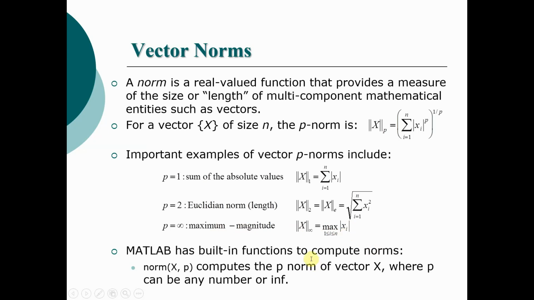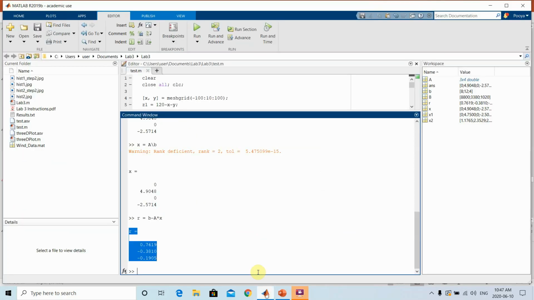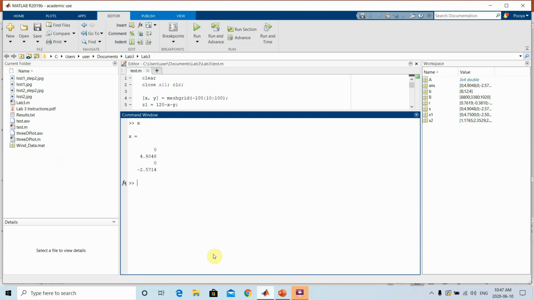Let me go to MATLAB and show you this. Let's look at a random vector like this one. It's not a good example, but it's okay. So norm of x, this is it. Norm of x comma 2 should give me the same thing. These two are the same. By default, norm of x uses the Euclidean norm because this is more applicable and more frequently used.